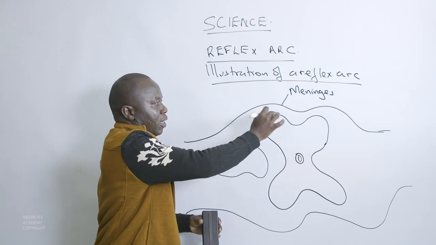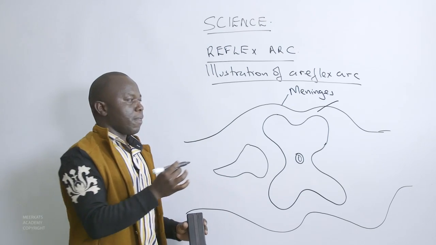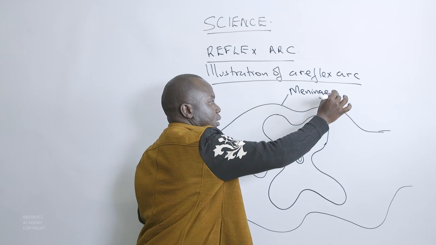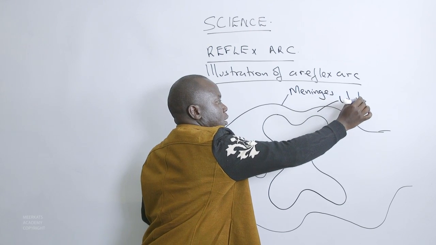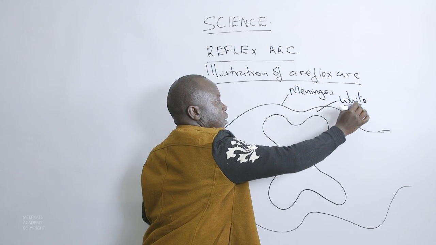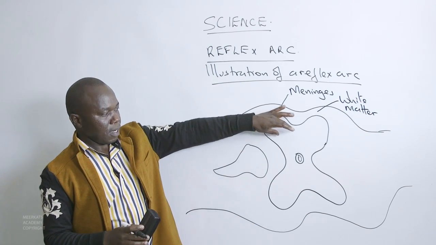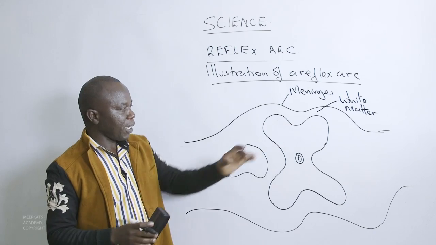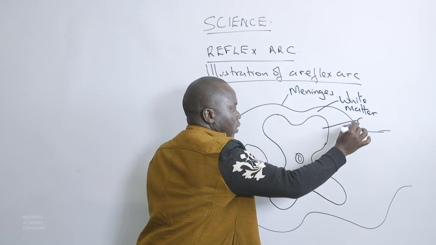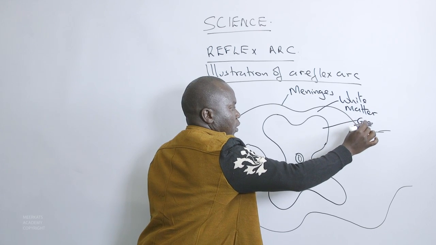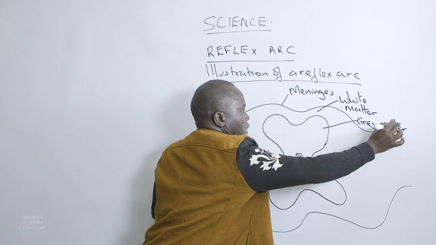They are double. And then just inside the meninges, we have white matter. And then in the interior part, we have gray matter.